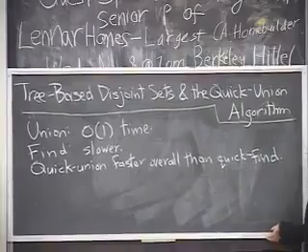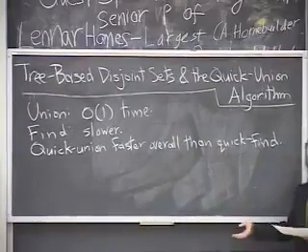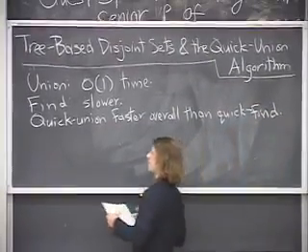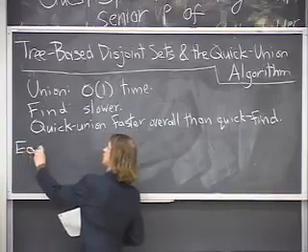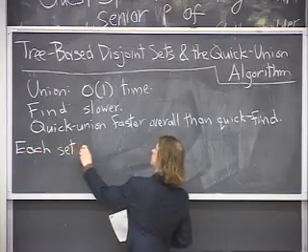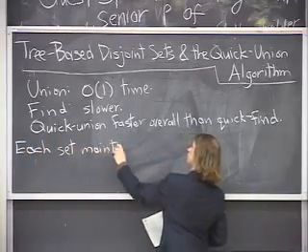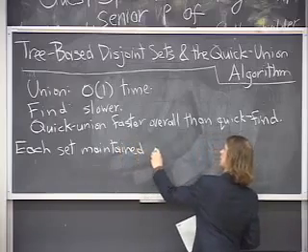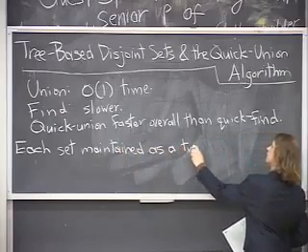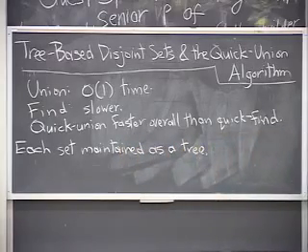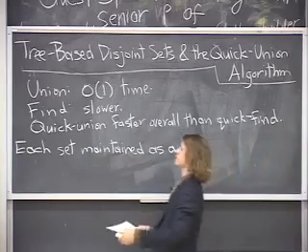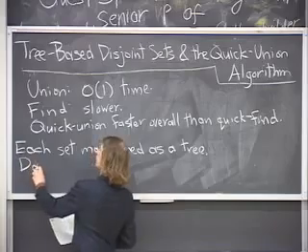So first of all, in order that we can support really fast union operations, each set is maintained as a tree. Not a binary tree, but a general tree. So the data structure for the whole disjoint sets structure is a forest.